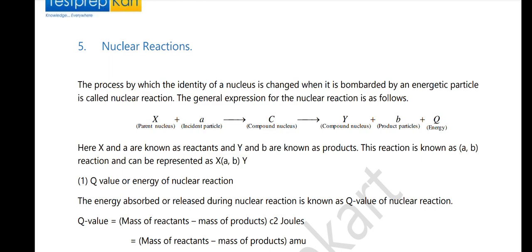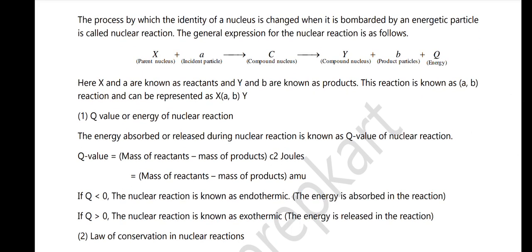Take one example: X, the parent nucleus, plus incident particle a forms compound nucleus Y, plus p, the product particle, plus Q, energy released. Here Q is the Q value or energy of the nuclear reaction, the energy that is absorbed or released during the nuclear reaction.